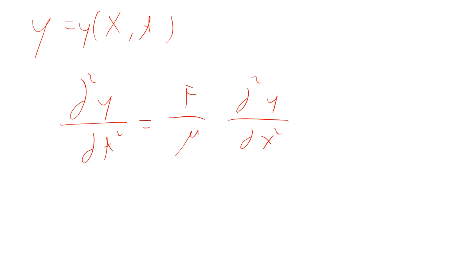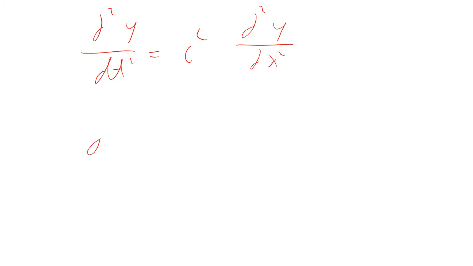Now, we know that the speed of a wave is the square root of F over mu. So speed squared equals F over mu.